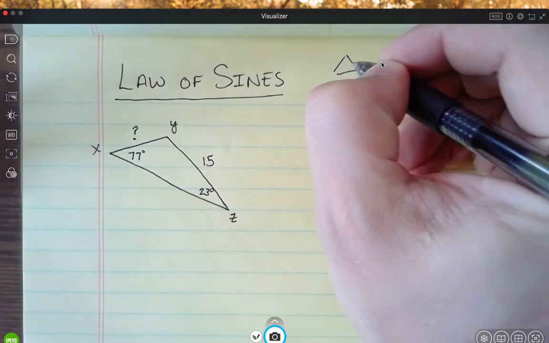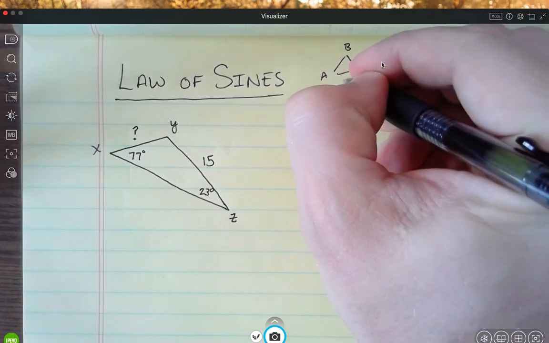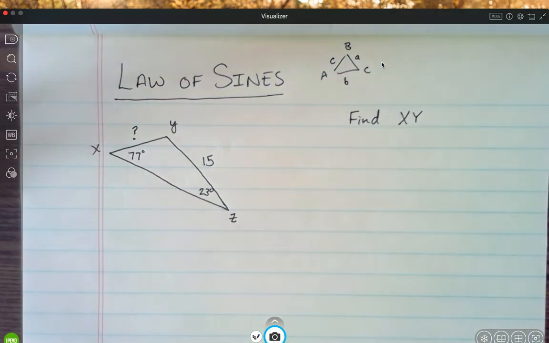If I have a triangle ABC with side lengths A, B, and C like so.